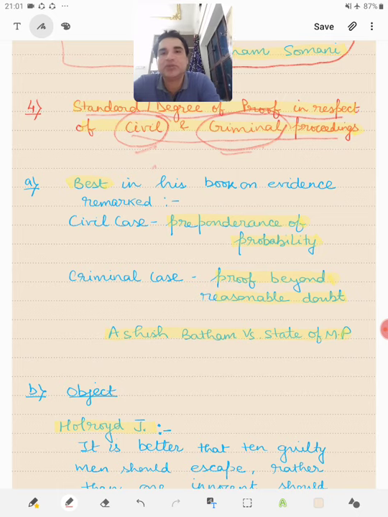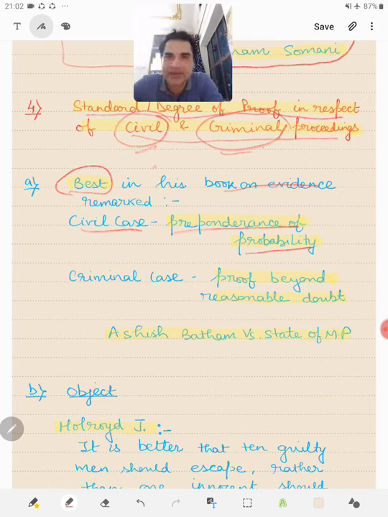That has been laid down by Best in his book on evidence, and he says that in a civil case what is required is preponderance of probability, that is, most probably the thing exists, while in a criminal case what is required is proof beyond reasonable doubt, that there should not be any fair doubt with respect to the matter.